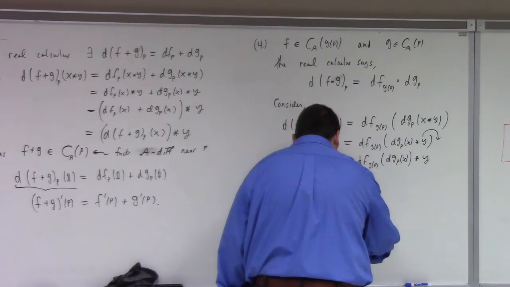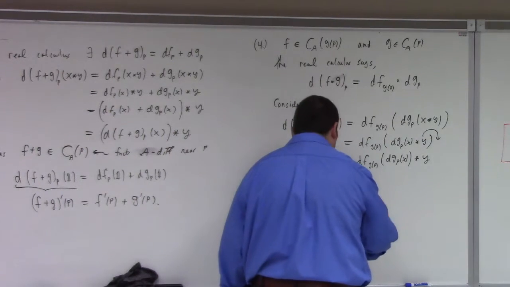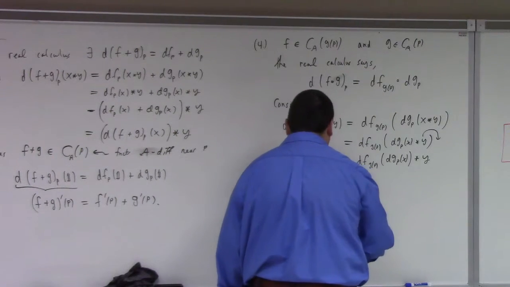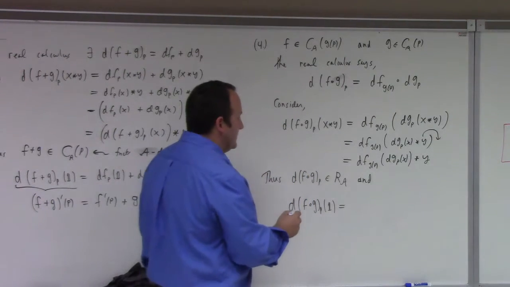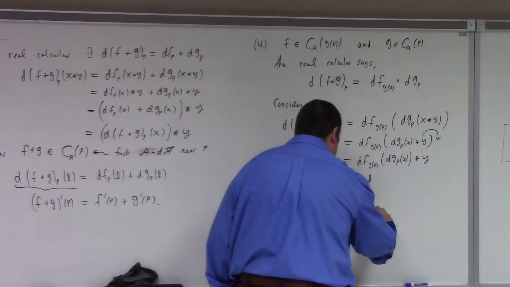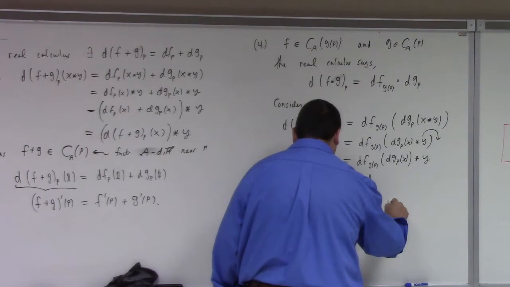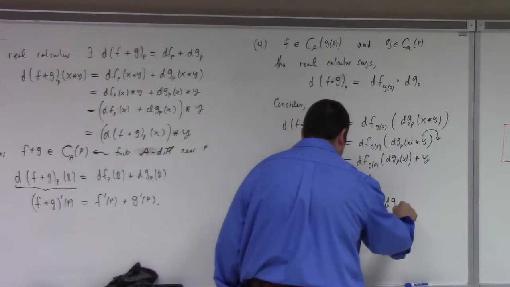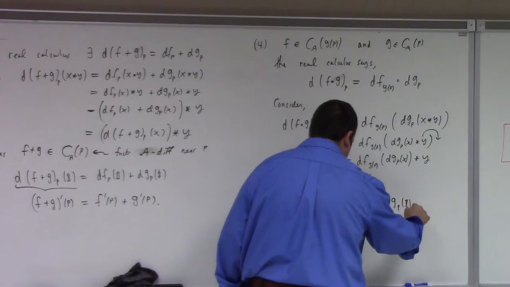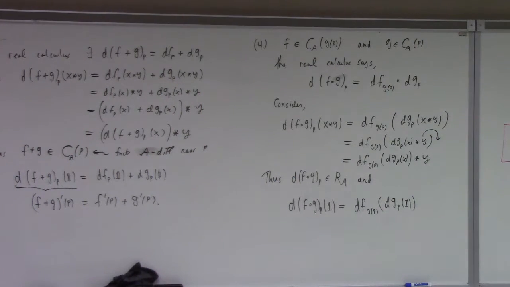If I could follow my own calculation for a second here, that's supposedly dF at G of P of dGP of 1. But what's dGP of 1?